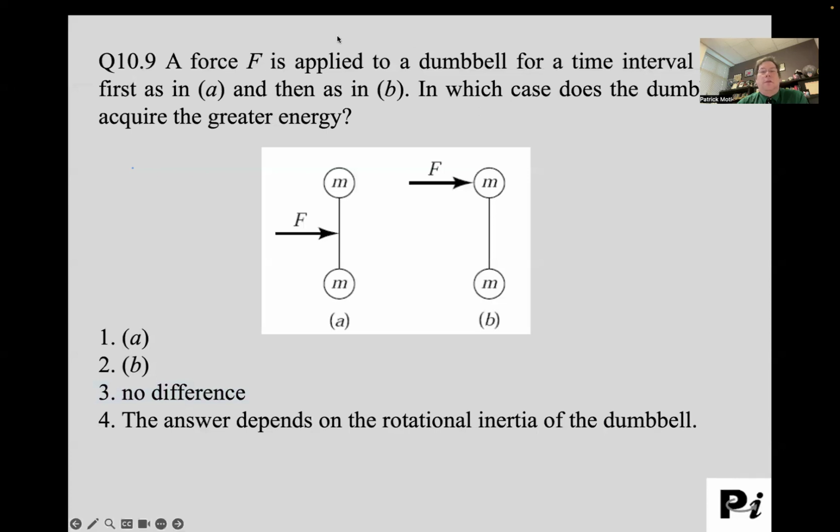That is first as in A, and then as in case B. In which case does the dumbbell acquire the greater energy? So case A, apply the force at the center of mass. Case B, apply the same force for the same time interval at one end of the dumbbell. And in which case does the dumbbell acquire the greater energy? So think it over, talk it over with your physics friend, and then let's compare.